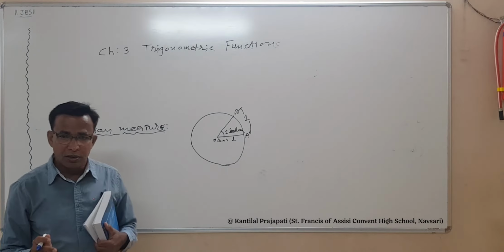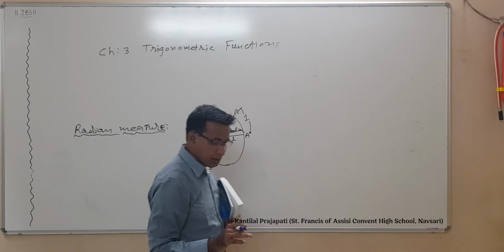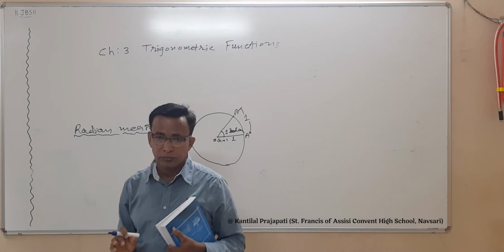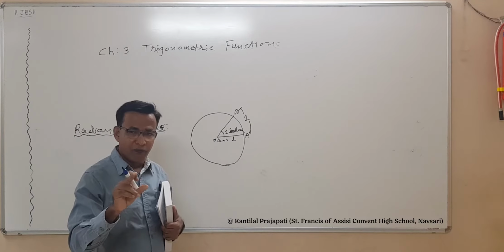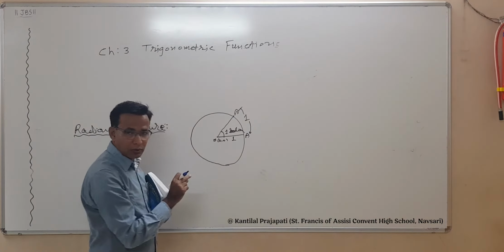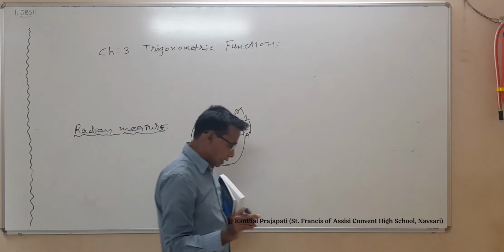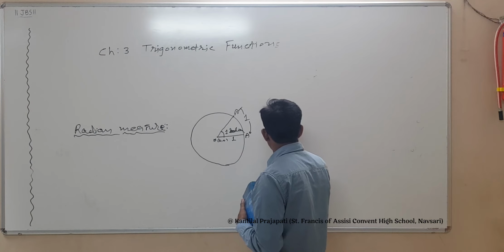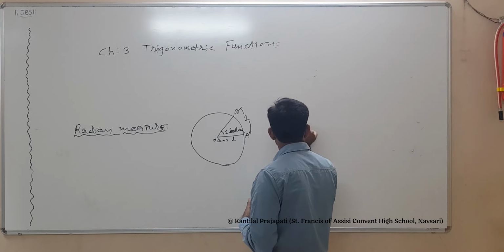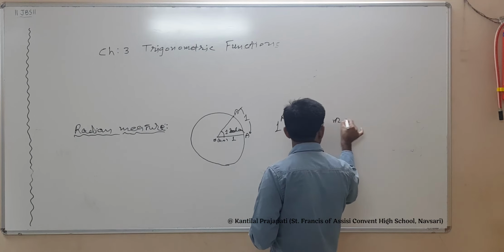So what is the definition of 1 radian? Consider the unit circle; then the angle subtended by an arc of length 1 unit at center O is called 1 radian. We write it simply as 1 radian.